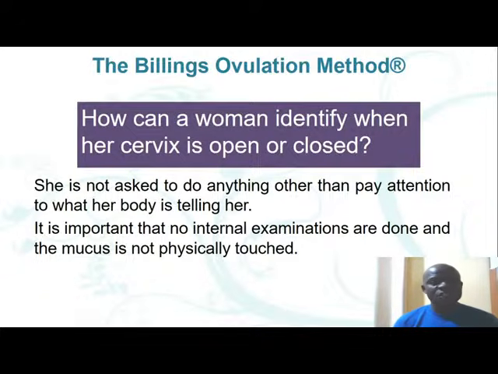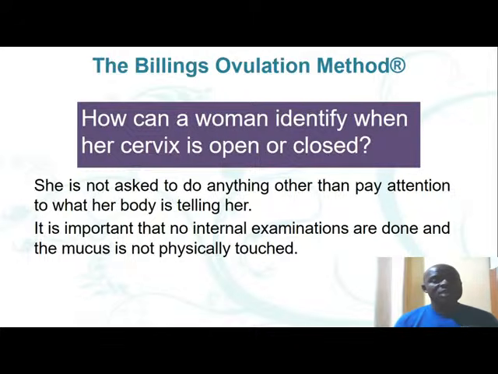What observation are we making here? We say these are natural signs you are looking for. What are these natural signs? We talked about mucus, and we saw the value of mucus and even the different types of mucus that can help a woman to tell when she is fertile or not, depending on the phases in which the mucus is produced.